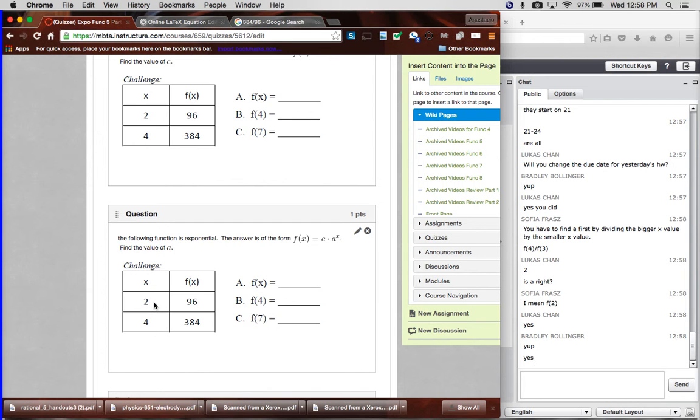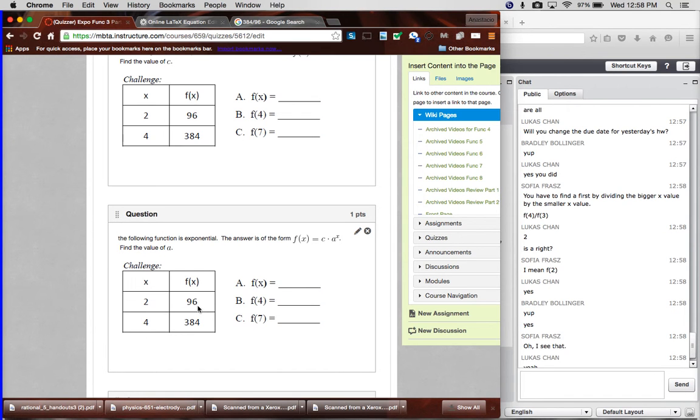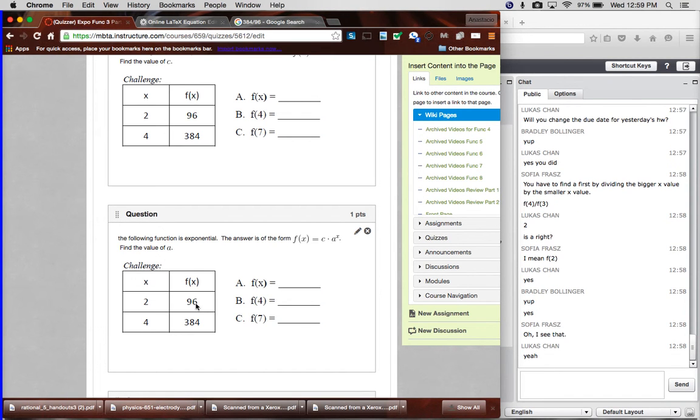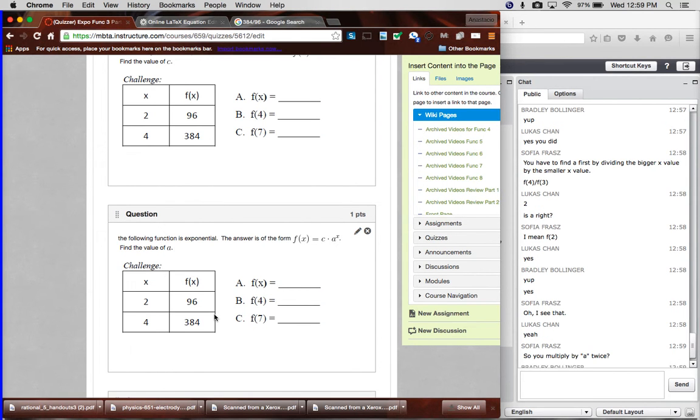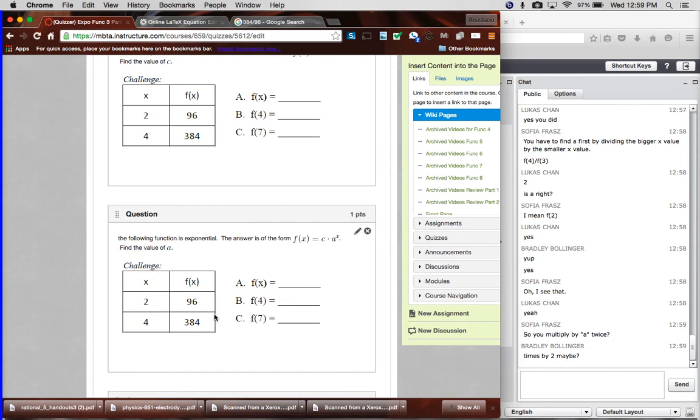Does that make sense? And then this ratio is this number that you multiply the previous number by in order to get the next number. So there should be some kind of intermediate number that goes between this 96. I have to multiply 96 by some number, and then I have to multiply that 96 by the same number to get 384.